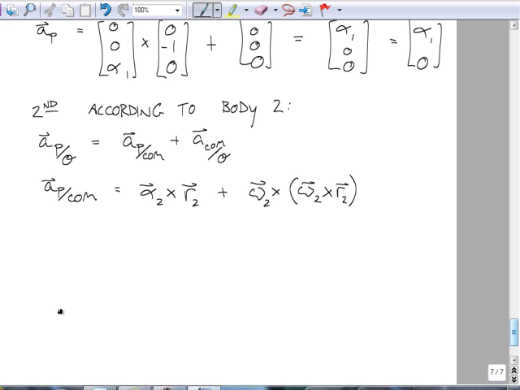So we get 0, 0, alpha 2 crossed with, what's R2? This time, that R is going from the center of mass to the joint.